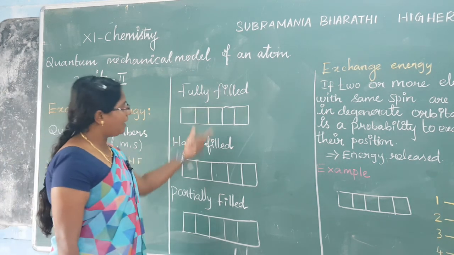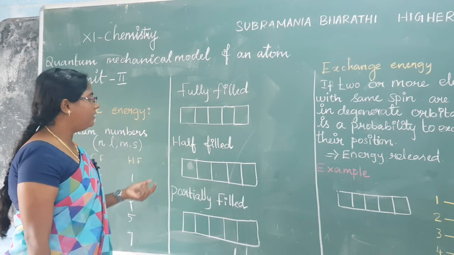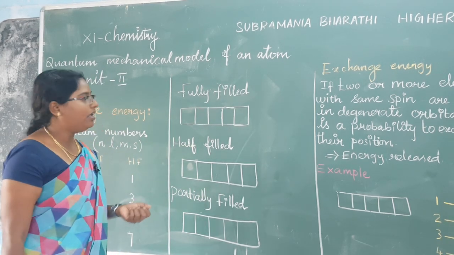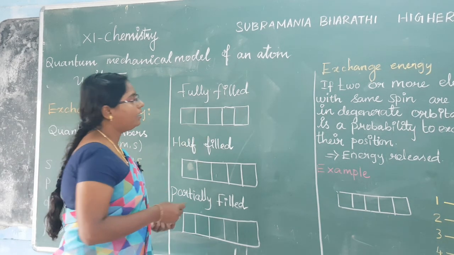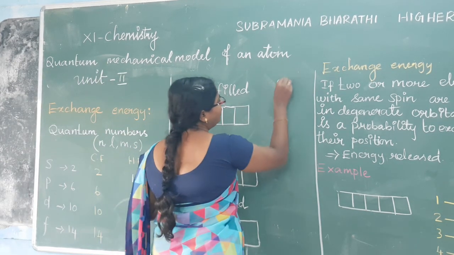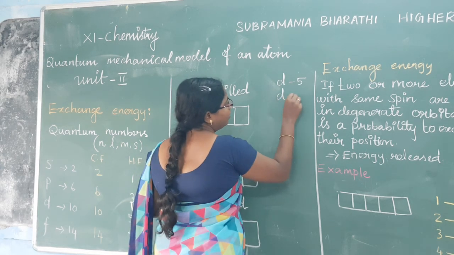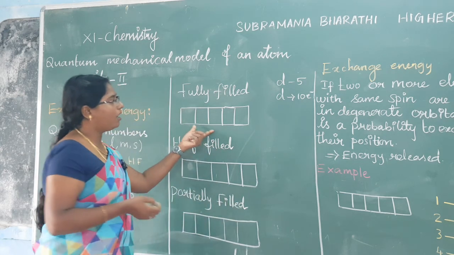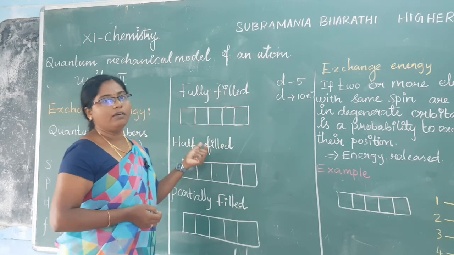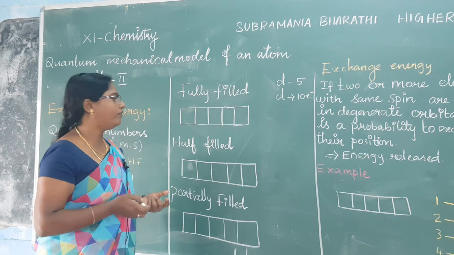I have drawn the degeneracy boxes for fully filled, half filled and partially filled. Let me fill these with electrons. For fully filled, I have taken the d orbital. The d orbital will have 5 degeneracy sets and will accommodate 10 electrons. If the d orbital accommodates all 10 electrons, that is called fully filled or completely filled configuration.